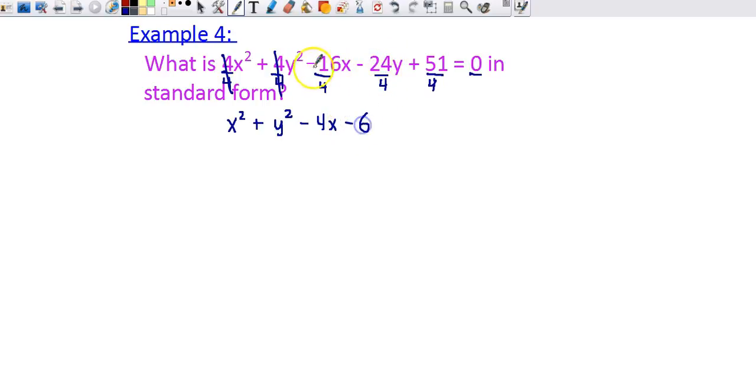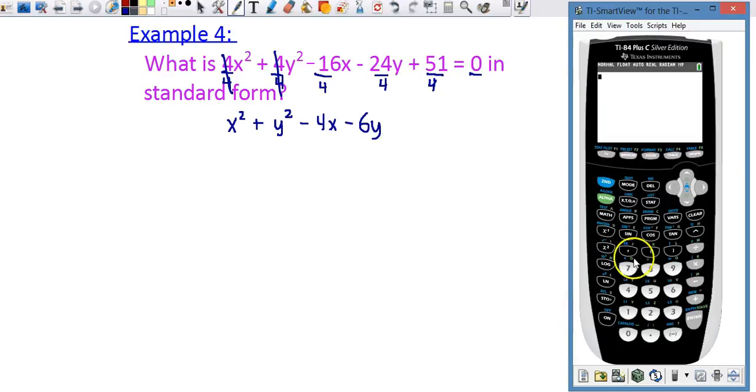And of course I'm keeping whatever sign was there, so that's negative and negative. 51 divided by 4 is 12.75.